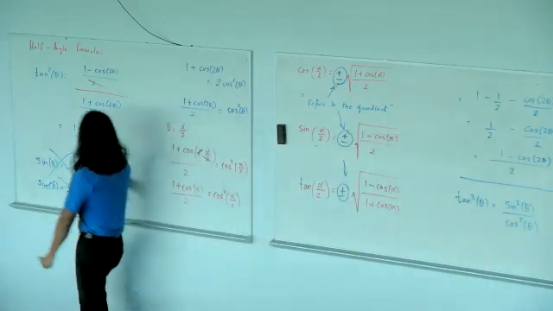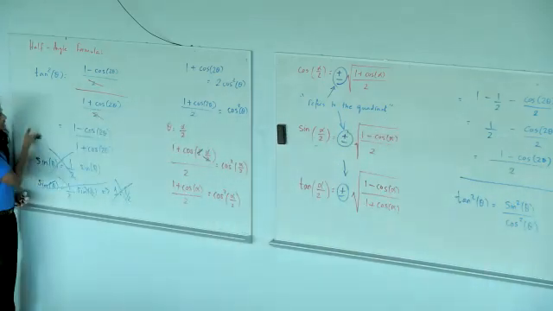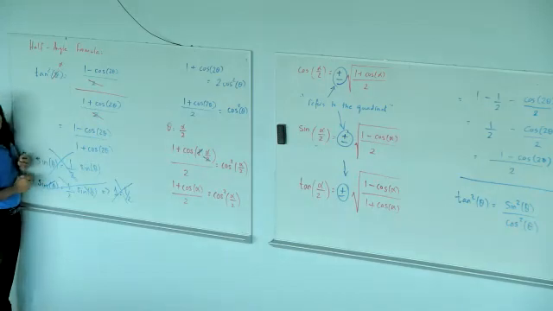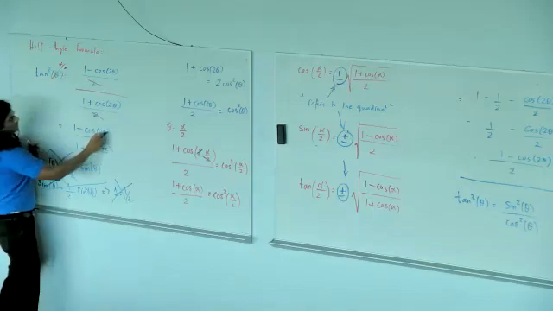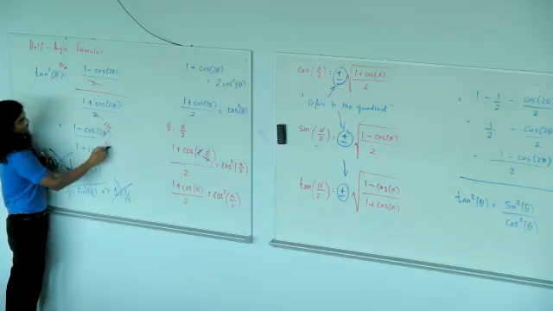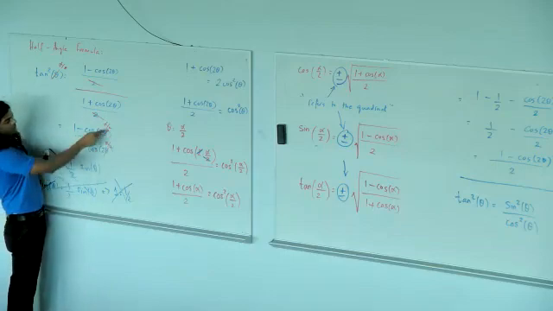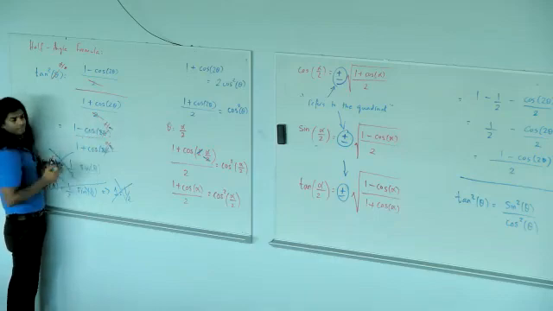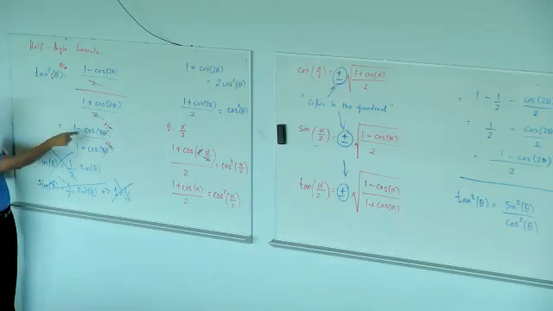Another way, come back here. Theta is alpha over 2. Yes. Alpha over 2, alpha over 2, the 2s get cancelled. So cosine alpha is right there.